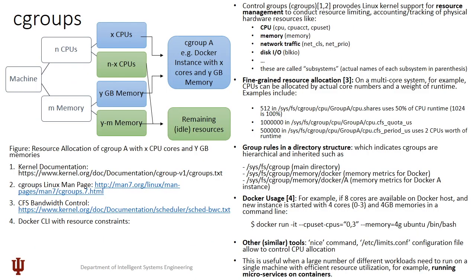So let's revisit what actually a C group is. A C group allows us to look at the machine in the following form. We need to make sure we support resource management of resources within the machine. This includes CPU, memory, network traffic, disk I/O, and other subsystems.